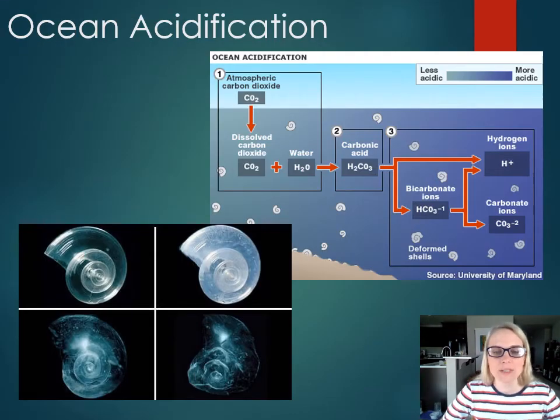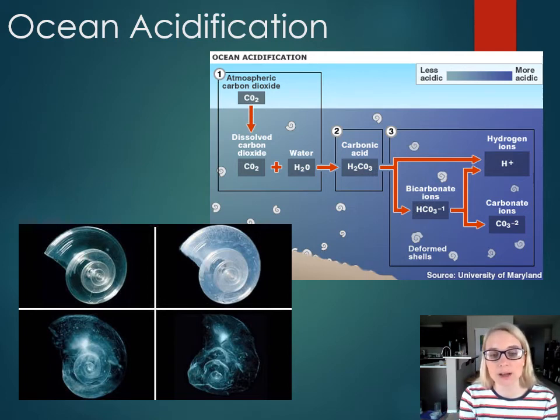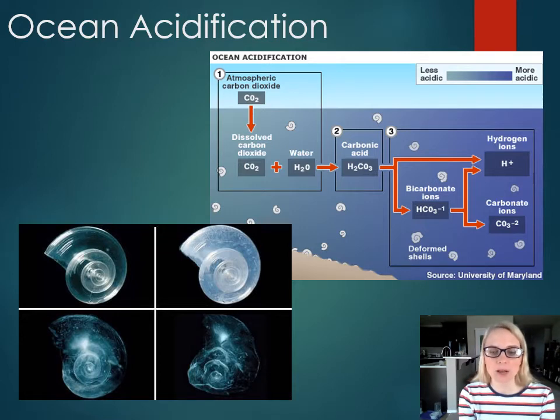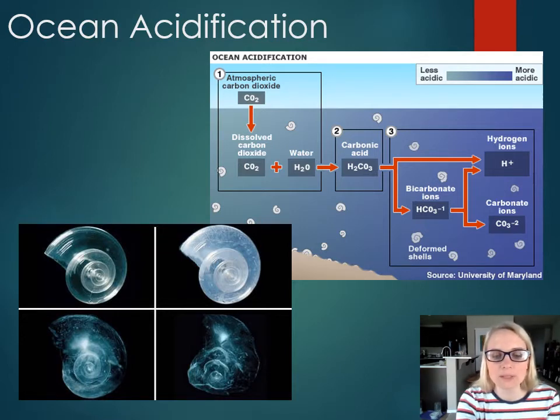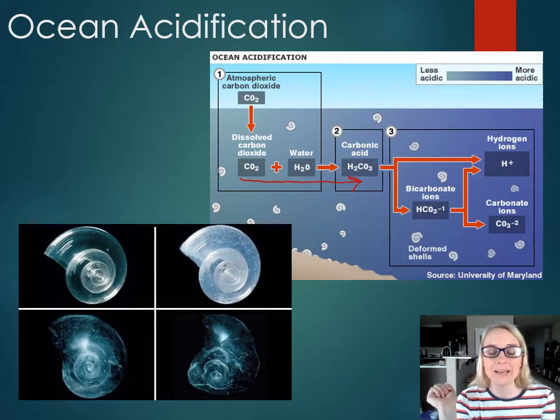Okay. I wanted to talk a little bit about what's happening in our oceans right now due to an increase in carbon dioxide in the atmosphere. There is a relationship between carbon dioxide and water in that when you mix CO2 and water, it produces an acid called carbonic acid.